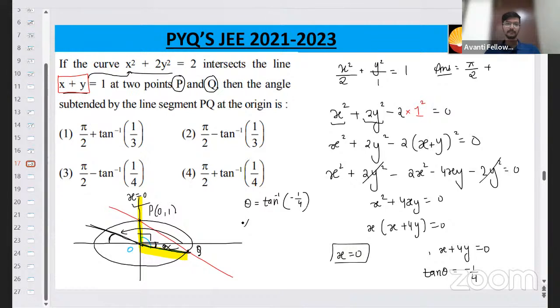So what is alpha? Pi minus tan inverse of minus 1 by 4. Right? So our final answer would be the addition of pi by 2 with this. Correct? This is the addition of pi by 2 with this.